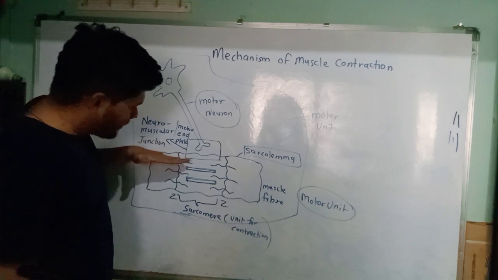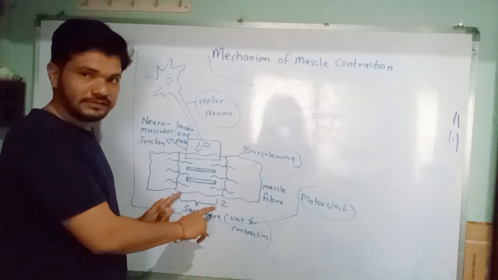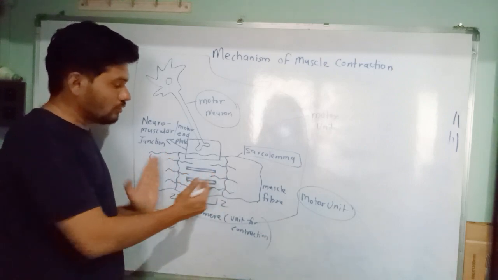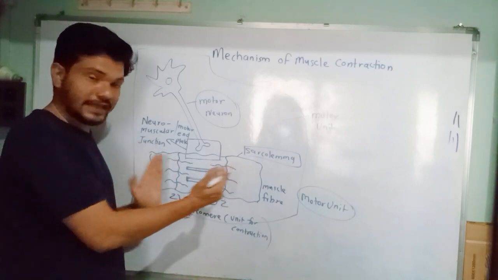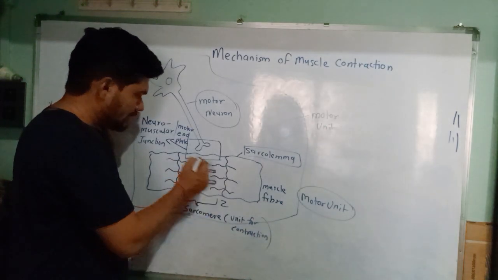So these thin filaments are going to slide over the thick filament, and because they are firmly attached to the Z lines, the Z line is going to be pulled inwards towards the A band. This is the A band.